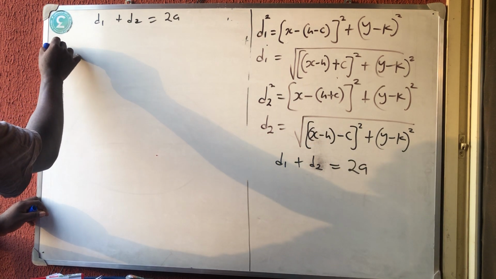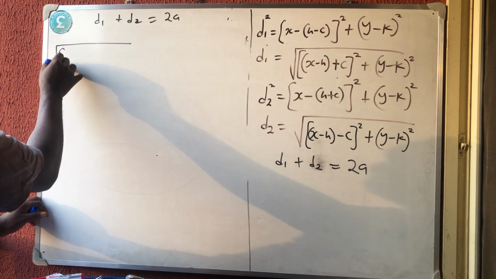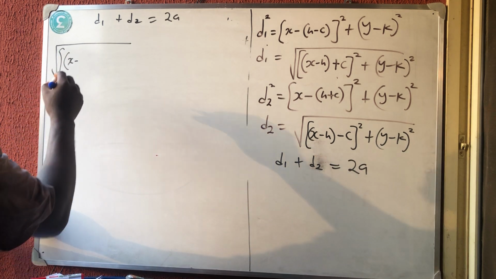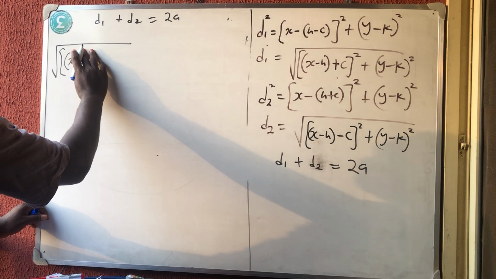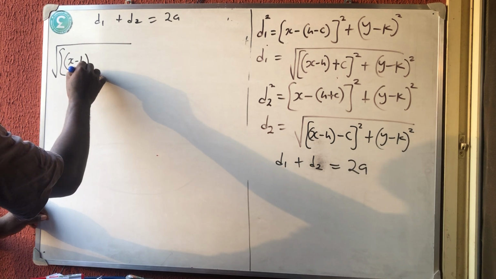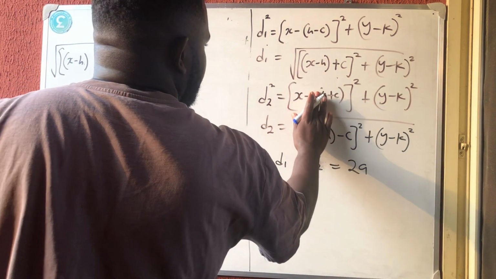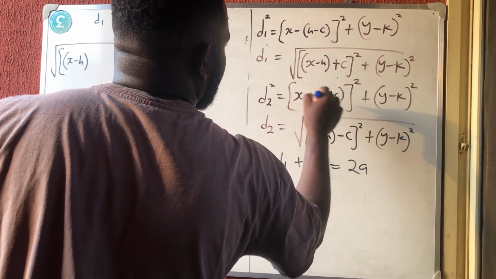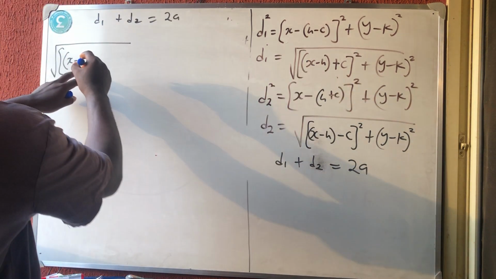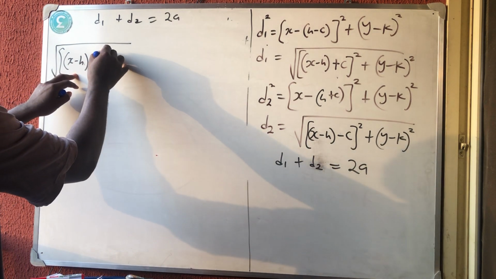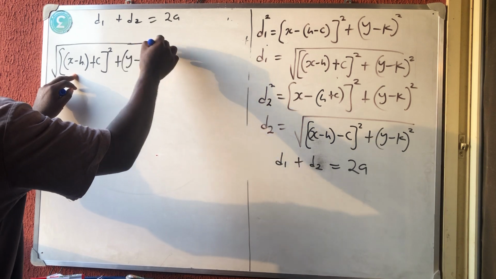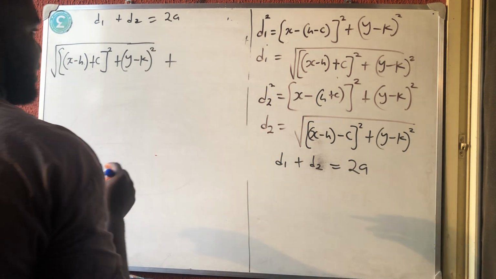My d1 is the square root of x minus h plus c all squared, plus y minus k all squared, plus my d2.